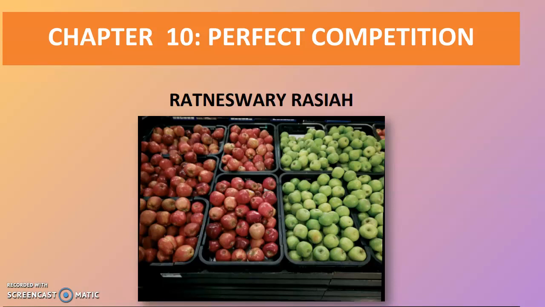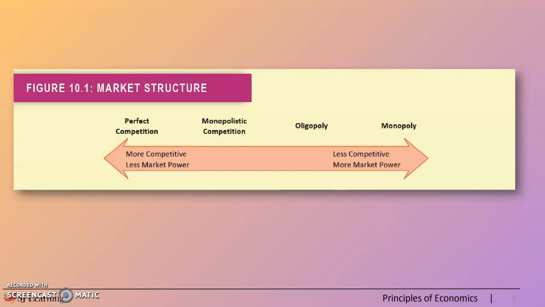I'm going to talk about perfect competition. Prior to discussing perfect competition, let us see what a market structure is first. When we say market structure, it is the way a firm operates in the market.